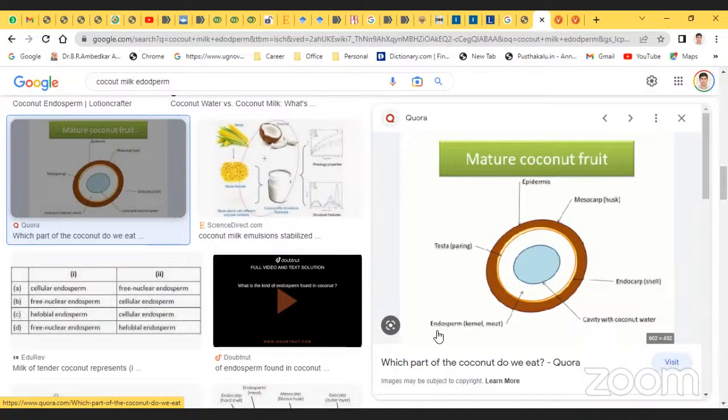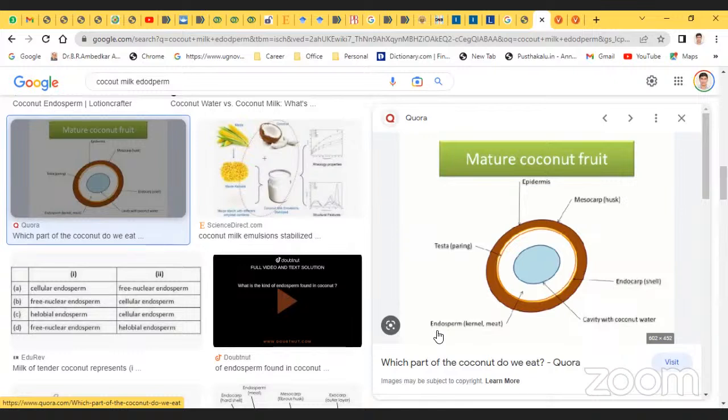Yes, in vitro. The coconut milk or coconut water is used as a nutrient medium in embryo culture. The embryo is developed artificially in laboratory conditions. At that time we use the endosperm as coconut milk or coconut water.